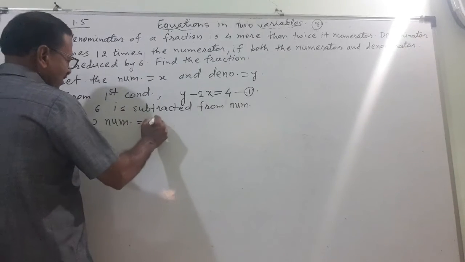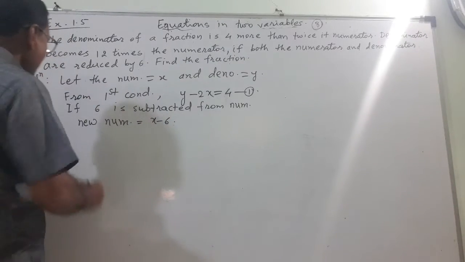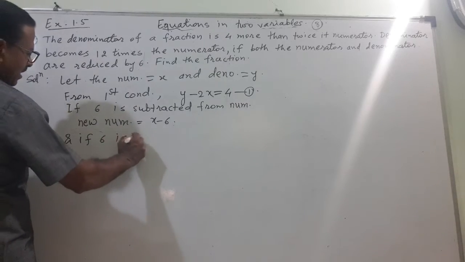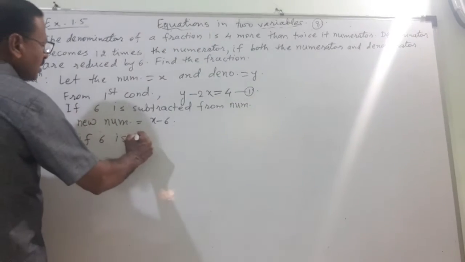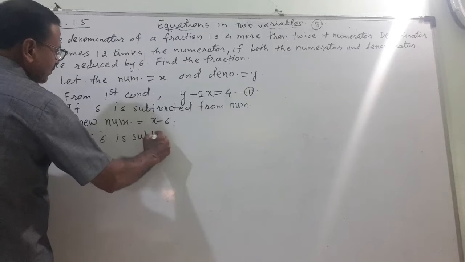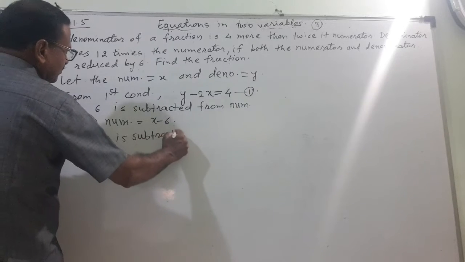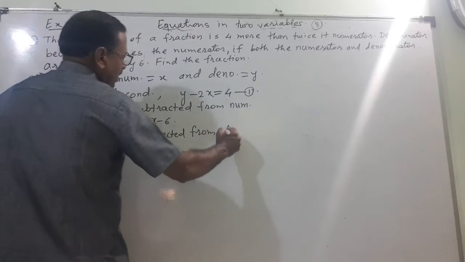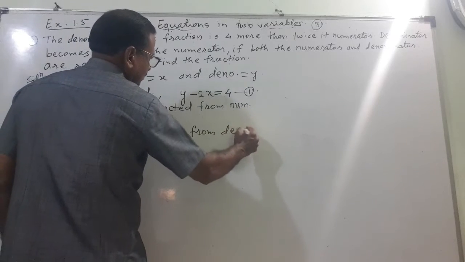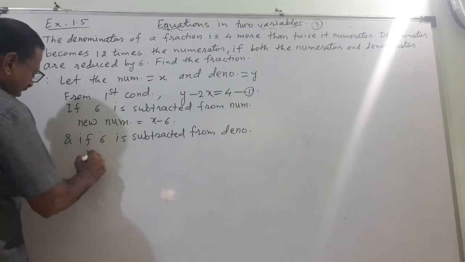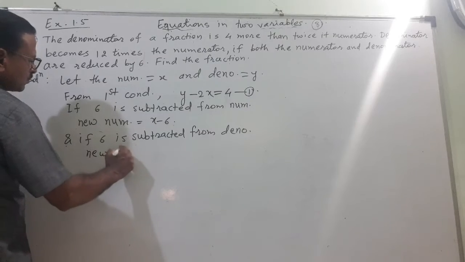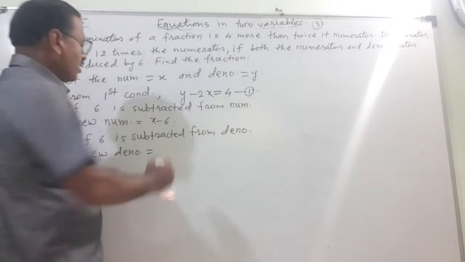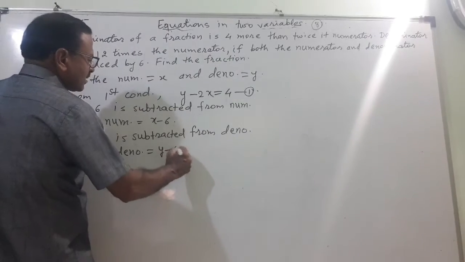X. It will be x minus 6. And if 6 is subtracted from denominator, new denominator equal to what was the denominator? Y. It will be y minus 6.